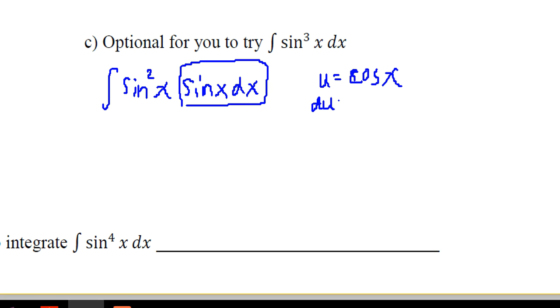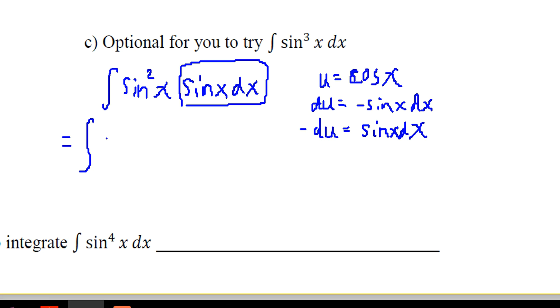So du will be negative sine x dx. In other words, negative du is sine x dx. I just move the negative sign to the other side. Now I can continue. Sine x squared is, according to the Pythagorean identity, 1 minus cosine x squared, times sine x dx.